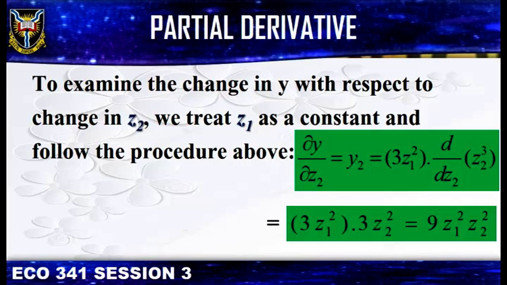Partial y over partial x equals d over dx (5x cubed) minus (3z squared) d over dx (x squared) plus d over dx (7z raised to power 5) equals 15x squared minus (3z squared) times 2x plus 0. So partial y partial x equals 15x squared minus 6z squared x.